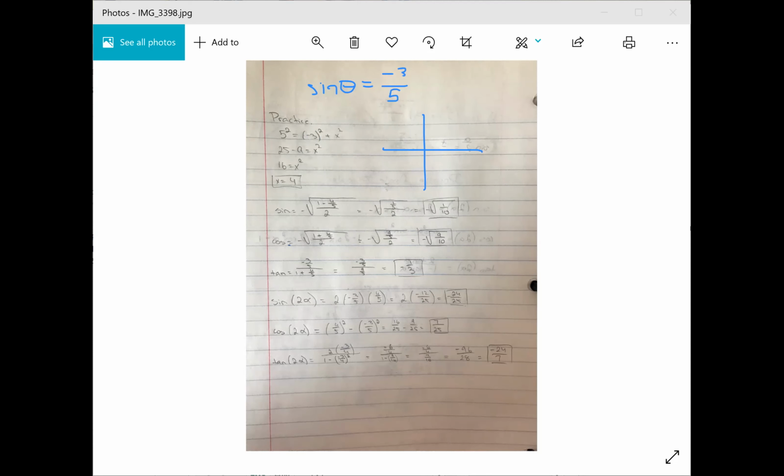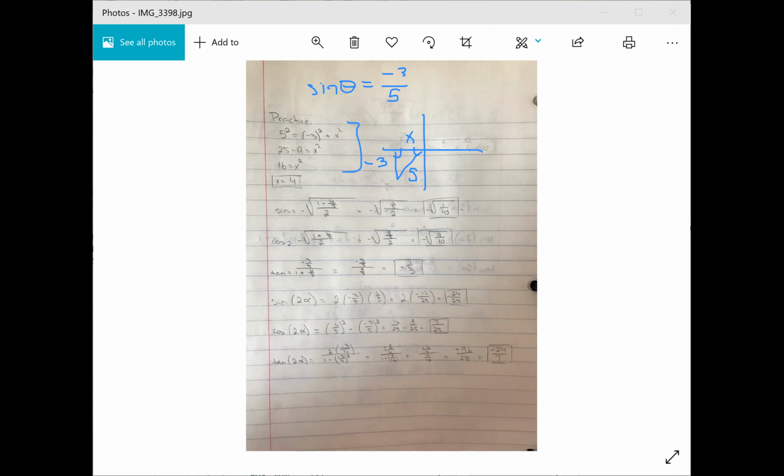So if you want to draw out your triangle, you can draw it in the third quadrant since that's where it is. And then that basically means that you have -3. So this is your angle. Opposite is -3, hypotenuse is 5. And then you can find this side by using the Pythagorean theorem.